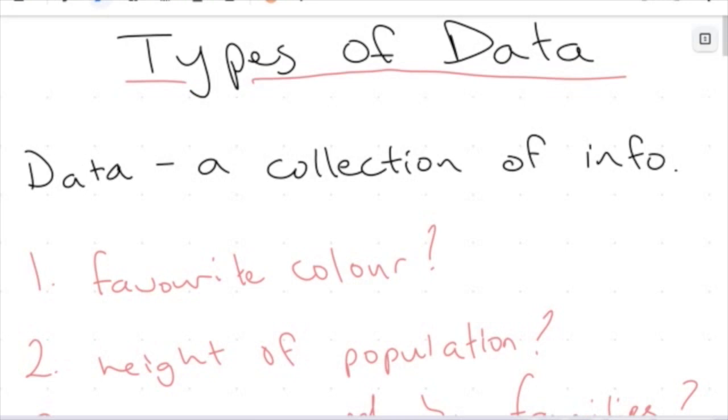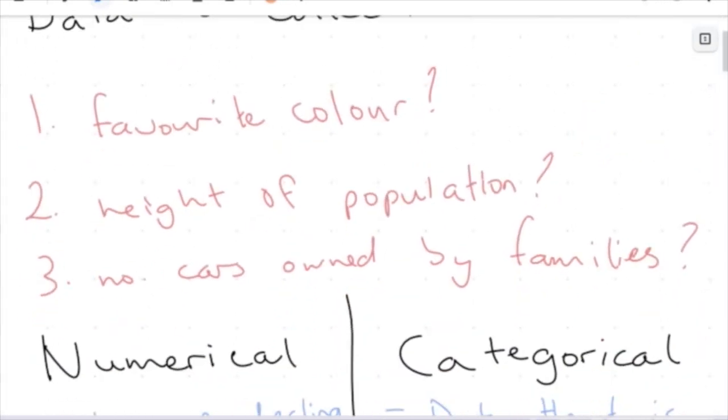So data is a collection of information, like we said, and the information we get, for example, these three examples, are all different types. We want to categorize these in nice different groups, and we collect this data through primary or secondary sources.